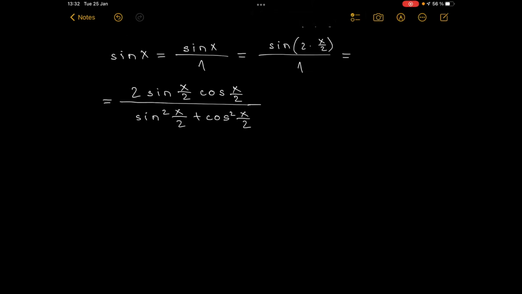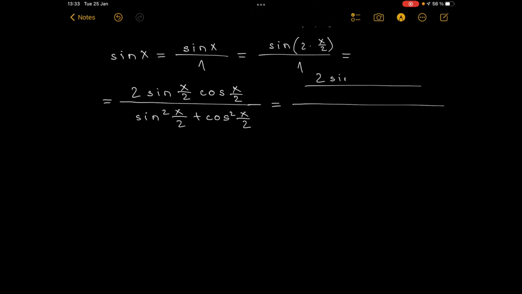Now, we're going to divide both the numerator and the denominator by cosine squared of x over 2.